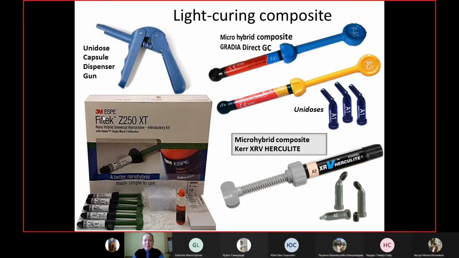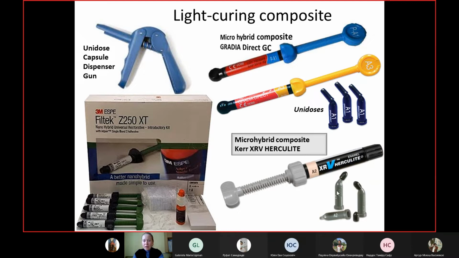Such a company as 3M ESPE, material Filtek, is also in syringes, and they have an adhesive system in its set. Company Kerr, material Herculite, is a micro-hybrid composite provided in enamel and dentine shades.